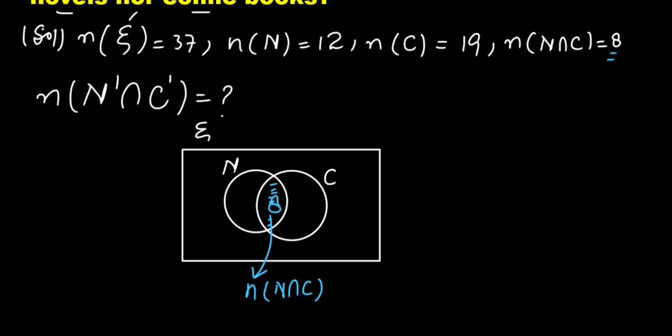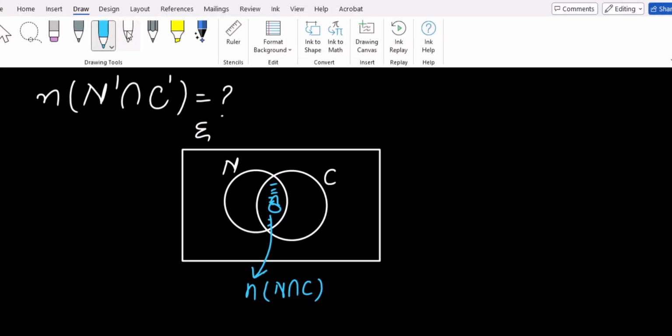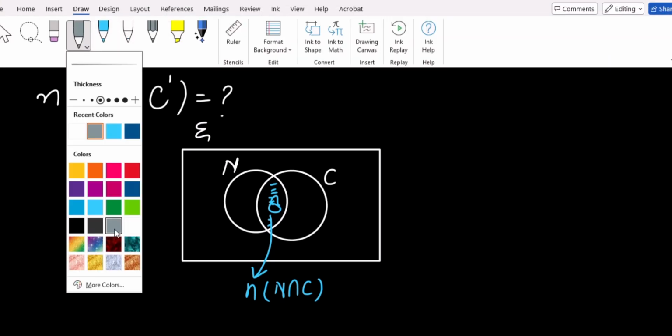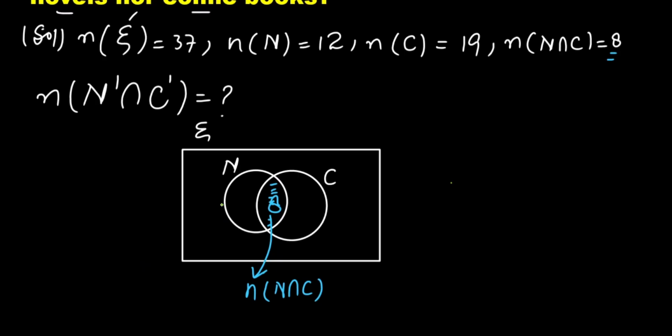Now the students who just read novel: the total number of students who read novel are 12, but 8 of them have interest in both. So this green portion represents the number 4.